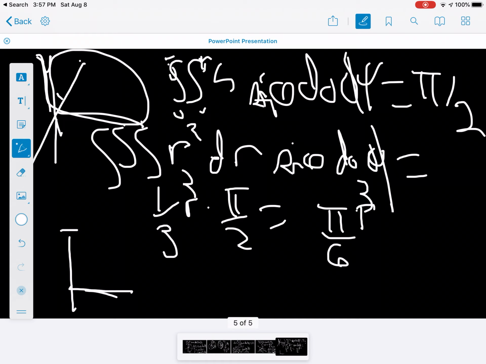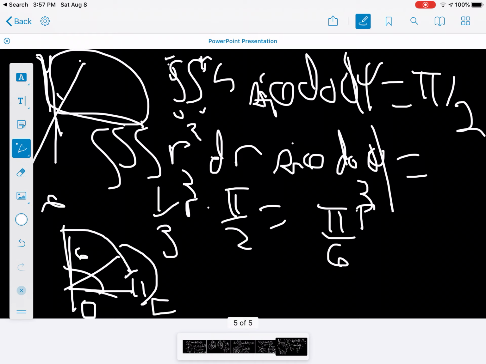So let's do a hemisphere. Again, theta goes from 0 to pi, and the azimuthal part goes from 0 to 2 pi. So the angle part is going to be minus cosine from 0 to pi.